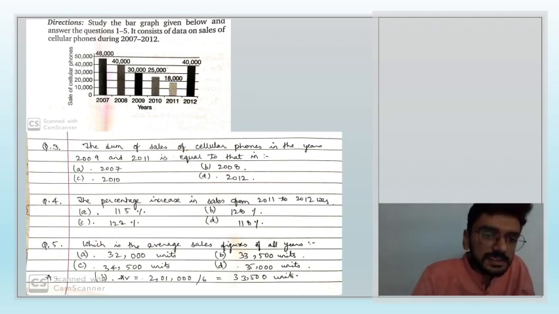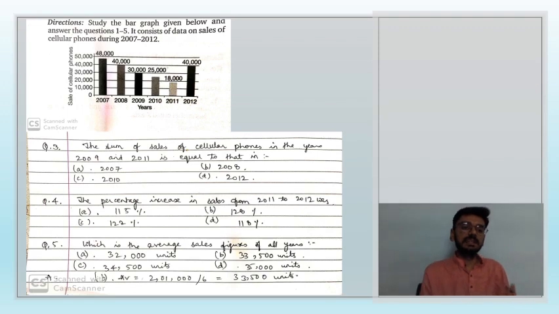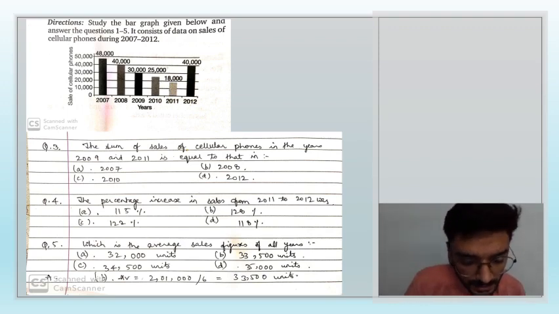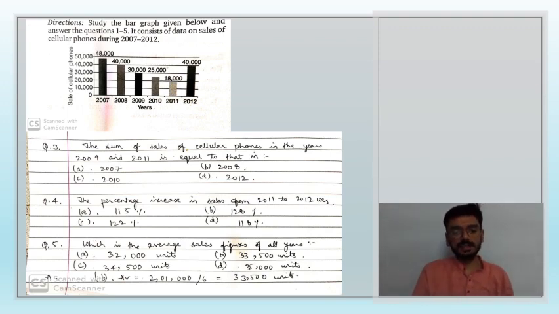Because the number of years plotted here are 6 years: 2007, 2008, 2009, 2010, 2011 and 2012. So 2,01,000 divided by 6 is 33,500. Okay, I hope you are comfortable with this problem too.